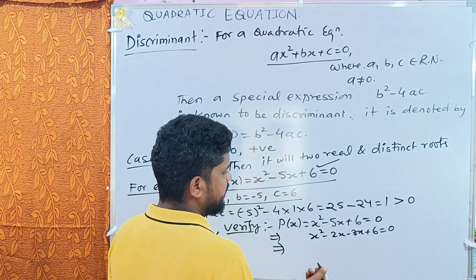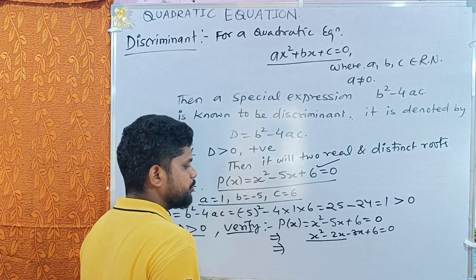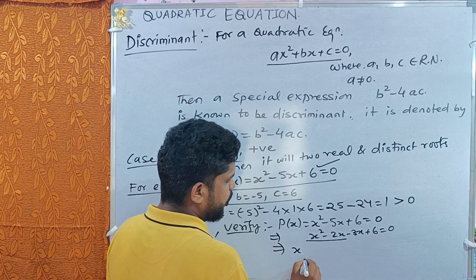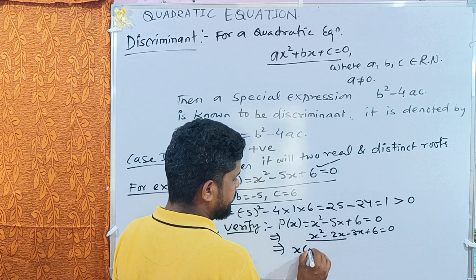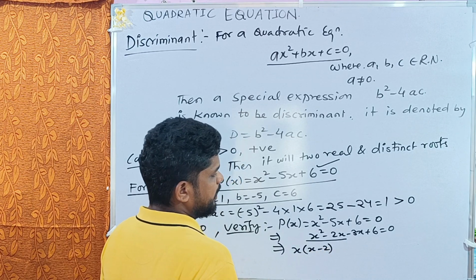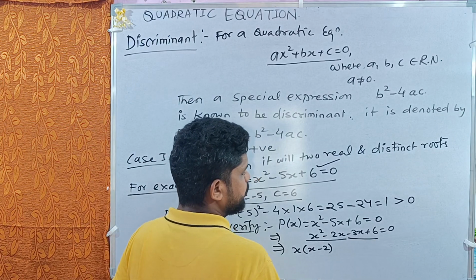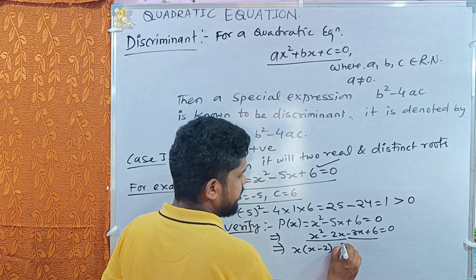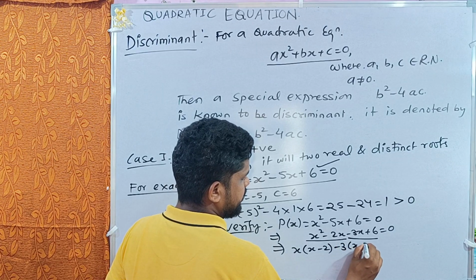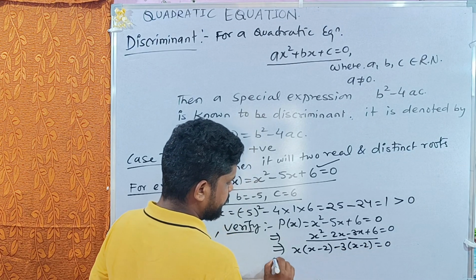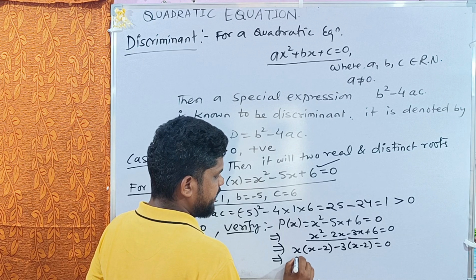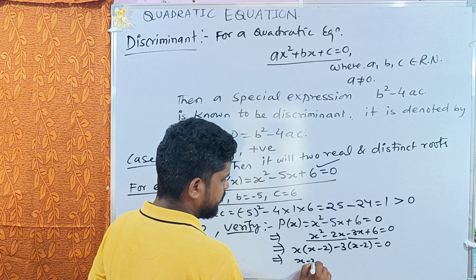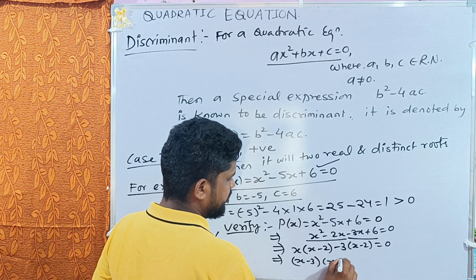By taking x common from the first two terms, we get x into x minus 2, and from the last two terms, taking minus 3 common, we get minus 3 into x minus 2, which is equal to 0. Here again taking x minus 2 as common, x minus 3 will remain.